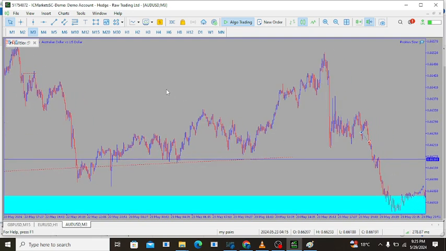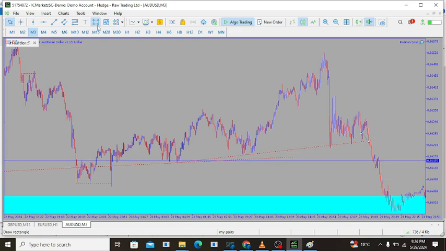Exactly. Trading with context is very important. You see, this is my trend line liquidity. This is a sweep.